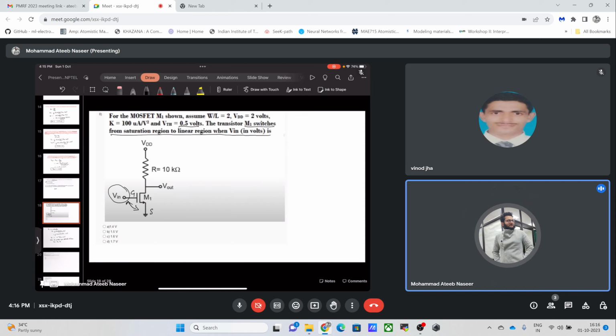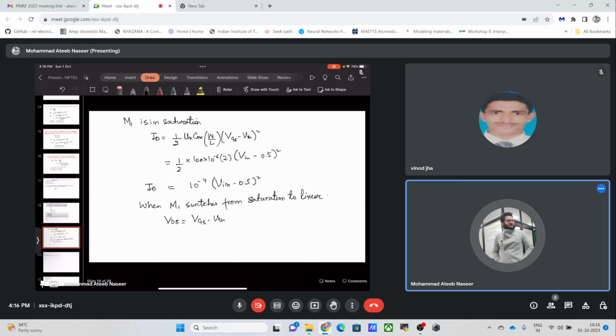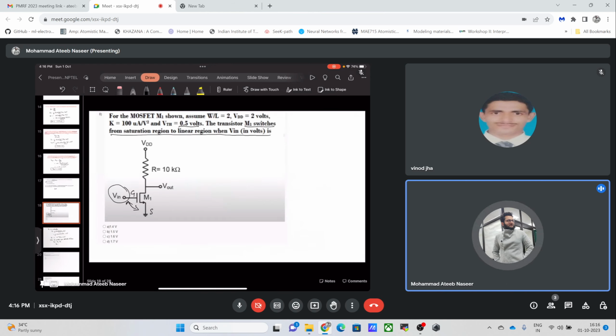Now it would mean that the current is simply VDD minus Vout, divided by R. Vout is VDS, and VDS is VGS minus VTH, which is equal to Vin minus VTH.